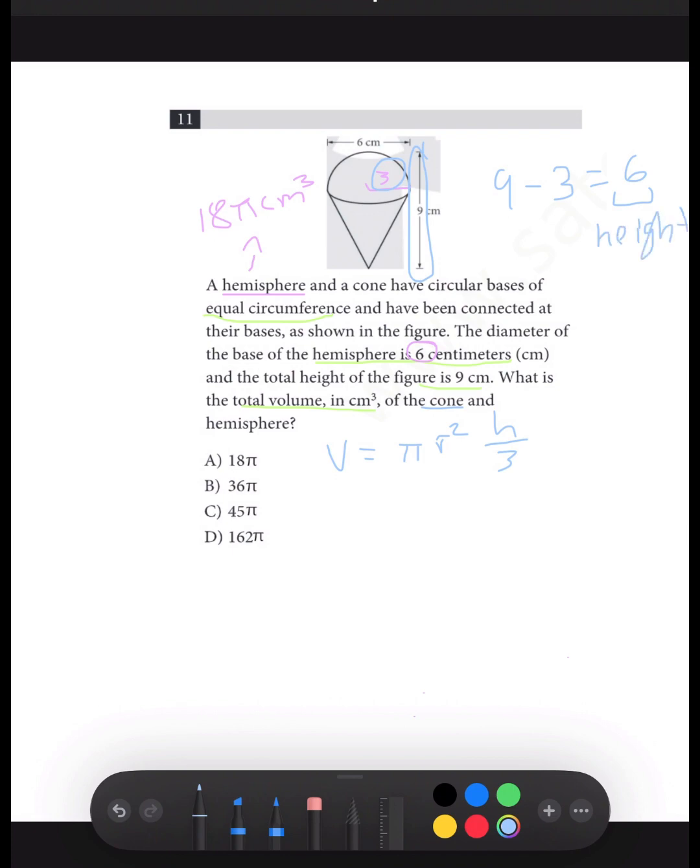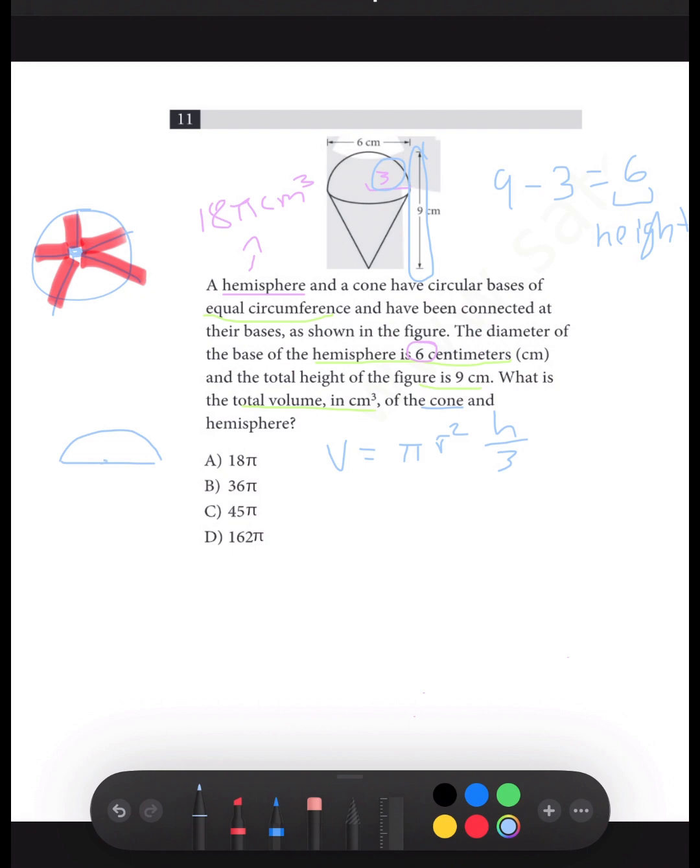And if you're wondering how that's our height, it's because this is a circle, right? And this is the radius. This can also be the radius, and this can also be the radius. Pretend it's all even. So it's the same situation with a hemisphere.